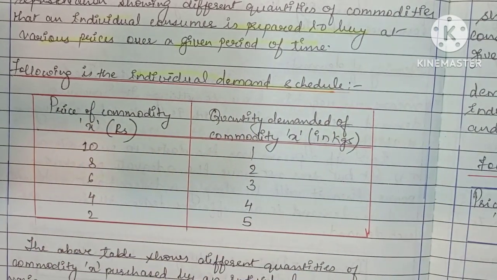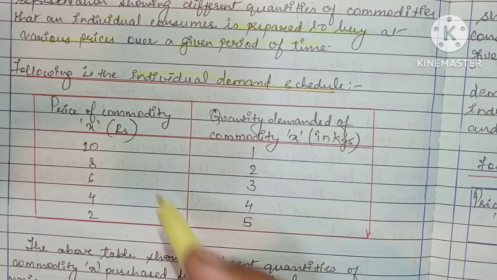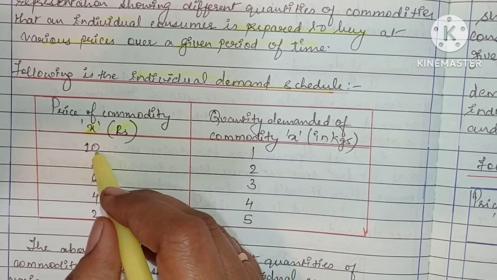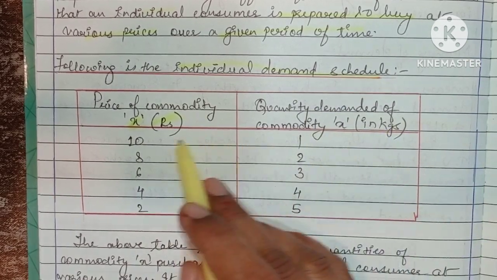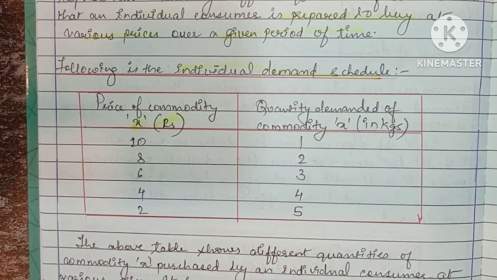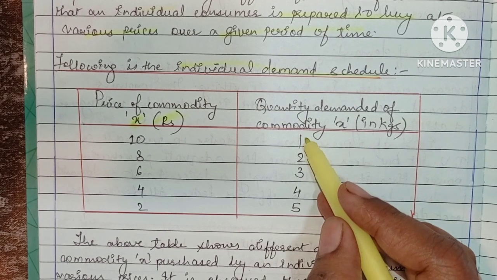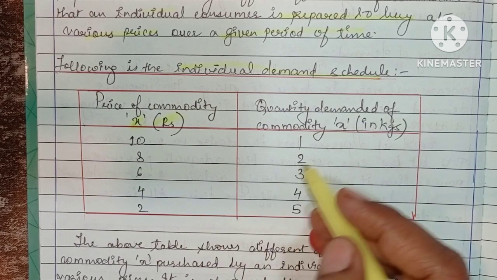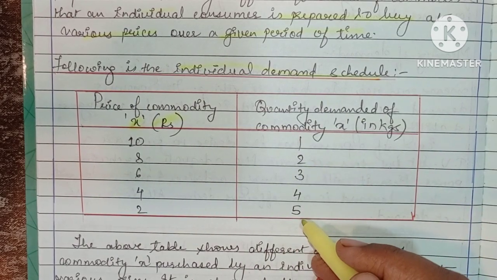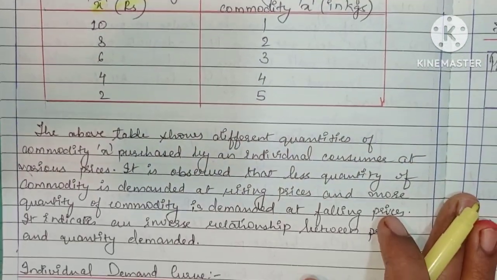I have taken the commodity as X. The price in rupees goes from higher to lower: 10, 8, 6, 4, 2. When the price is high, obviously we know the quantity demanded is less. As the price decreases, the quantity increases. What does the above table show?